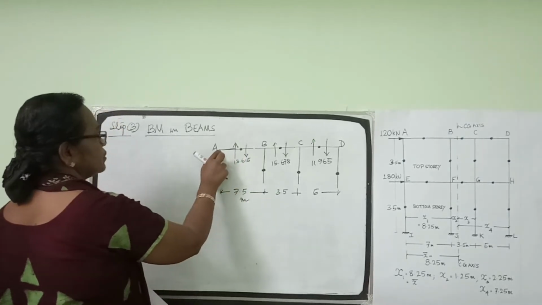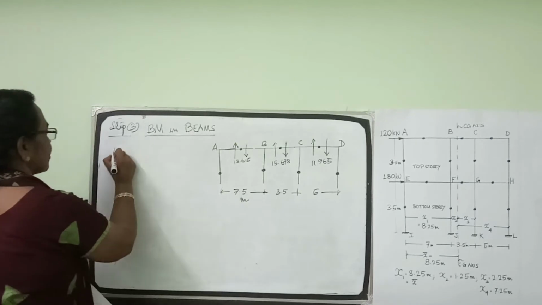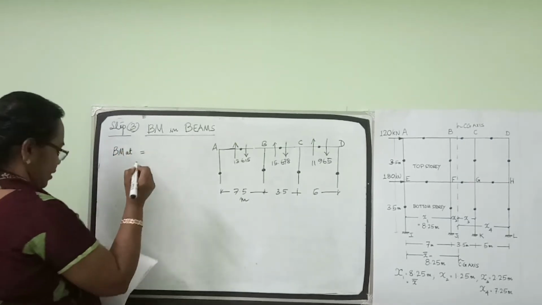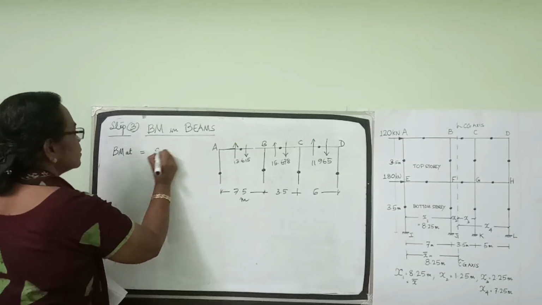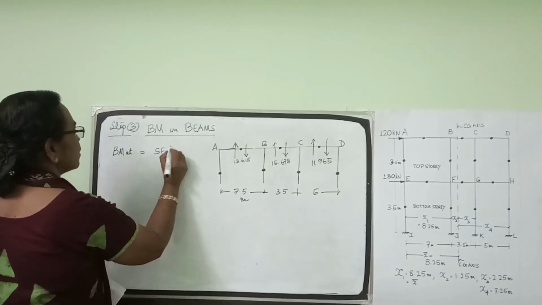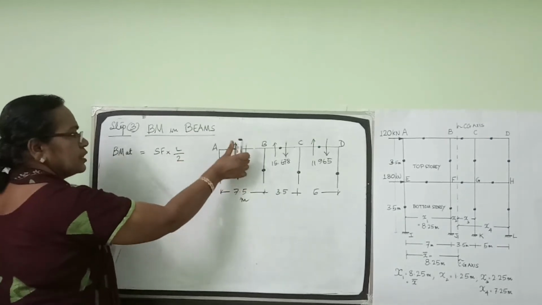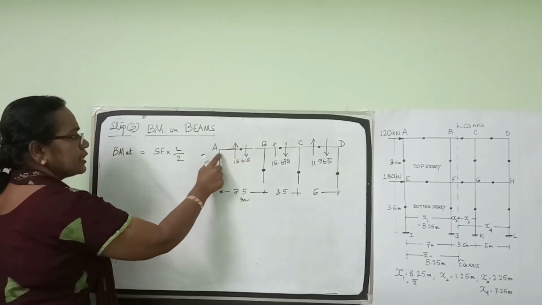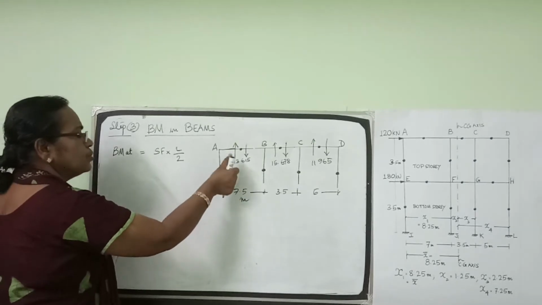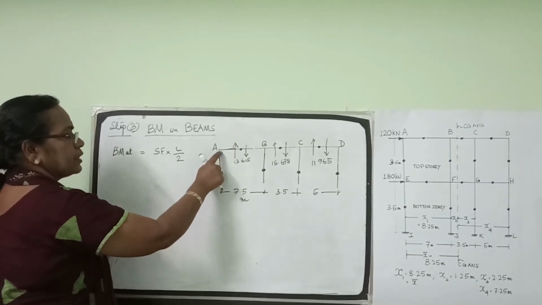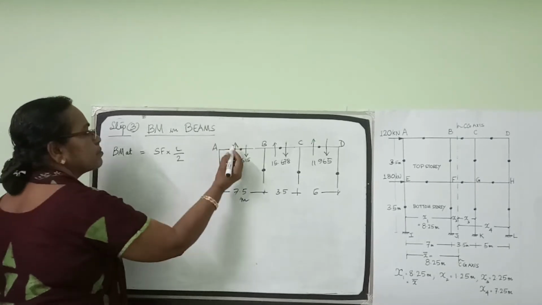The bending moment at A is equal to the shear force in the beam into L by 2, span by 2. So 13.615 acting at a distance of 7.5 by 2, into 3.75, will give you the bending moment.